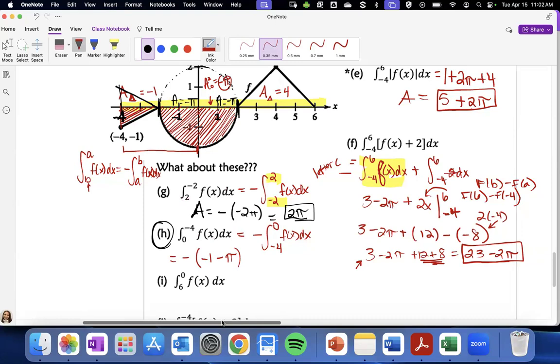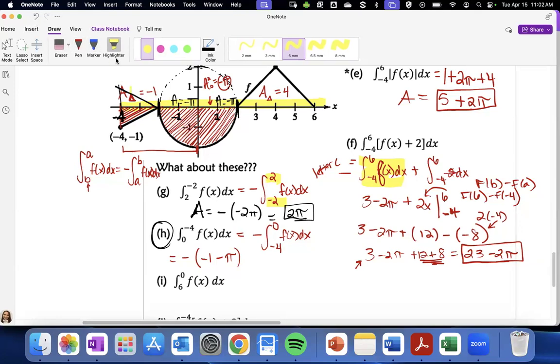Okay, do you agree with what I have on the board right now for H? The opposite of -1 would be plus a negative pi, so I just wrote -1 minus pi, right? -1 plus a negative pi, so -1 minus pi. Right, the area of that triangle. So then it would be distribute the -1 plus pi.